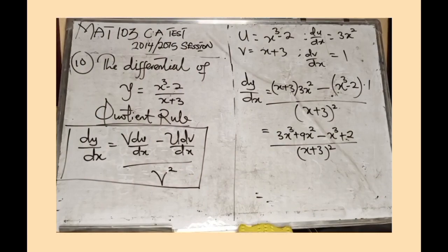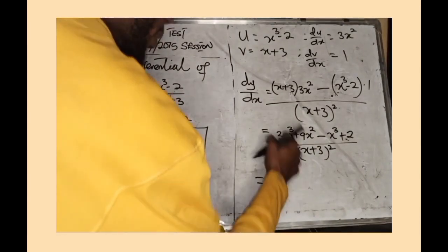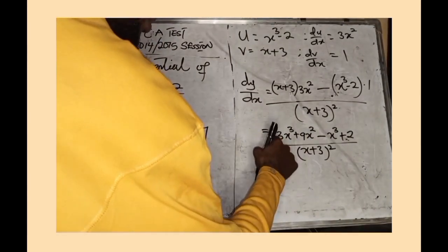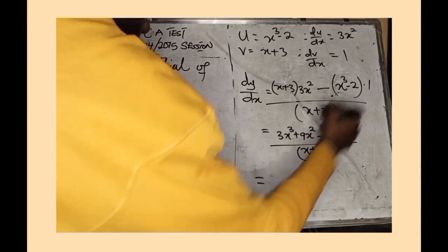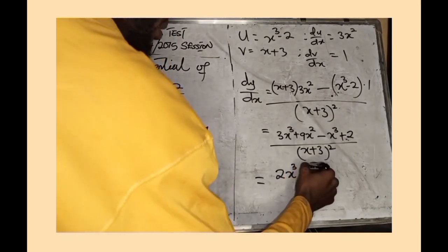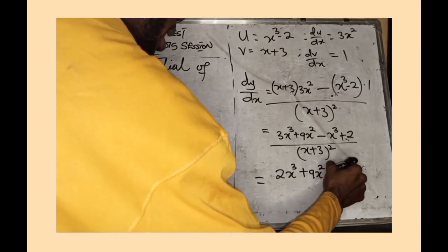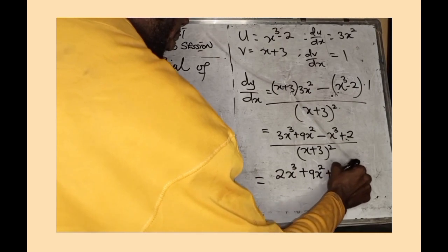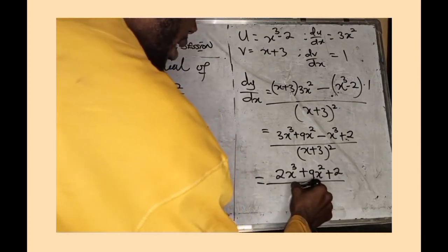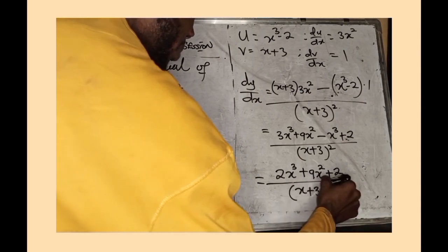Alright, now let's proceed. Now by collection of like terms, 3x cubed minus x cubed would give me 2x cubed, then plus 9x squared and plus 2, all over (x plus 3) all raised to the power of 2.